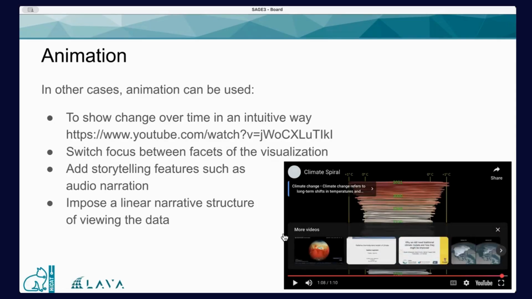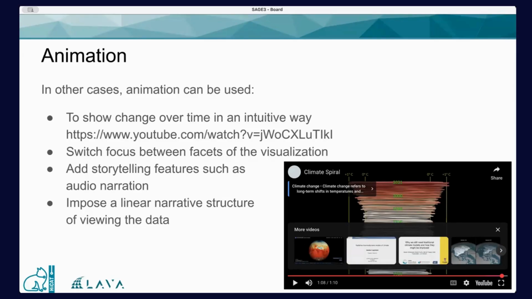You can also use animation to switch focus between different facets of visualization. We can add storytelling features like audio narrations. You will sometimes see the explanation, which is, again, all about communication. So actually telling the story by telling the story could be very helpful.